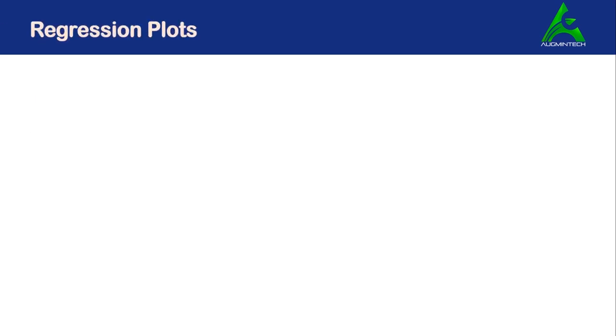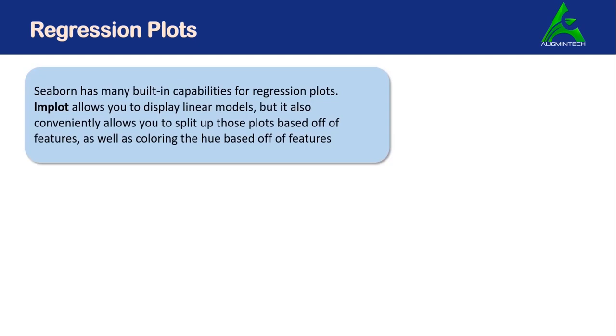And now let's have a look at the regression plots. Seaborn has many built-in capabilities, and it comes with a lot more capabilities for regression plots. So lmplot allows you to display linear models, where lm stands for linear models, but it also conveniently allows you to split up those plots based off features as well as coloring the hue based off the features.